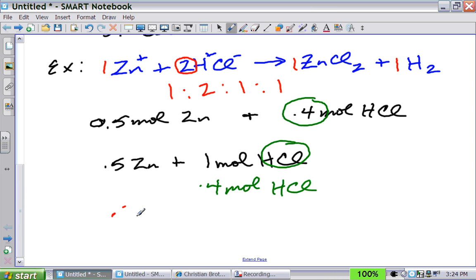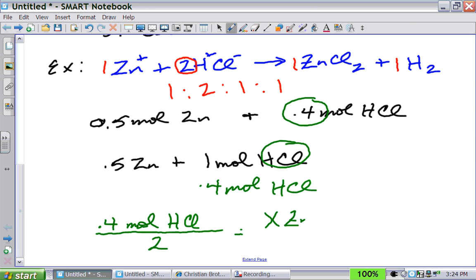So we're going to take the limiting reactant, 0.4 moles of HCl, and we're trying to figure out how much zinc we're going to use. So we know this is 2, and we're going to set up a ratio. So how much zinc, if it's 1 mole?